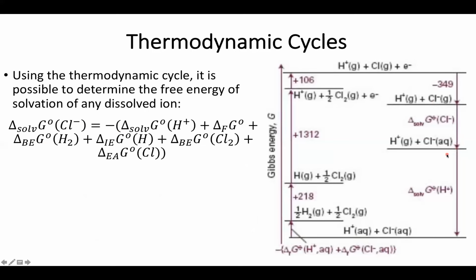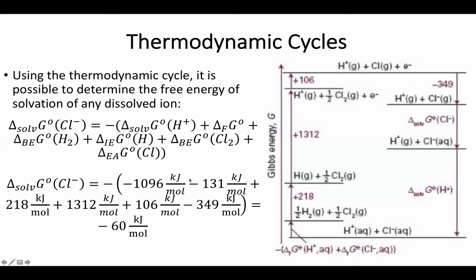If I start here and end here, it's going to be the negative value of my free energy of solvation of chloride. So essentially going here to here is going to be the negative of going from here to here. Hopefully that makes sense. So what we can then do is take the negative value of adding together all of these individual components of the energies we provided on the last slide.